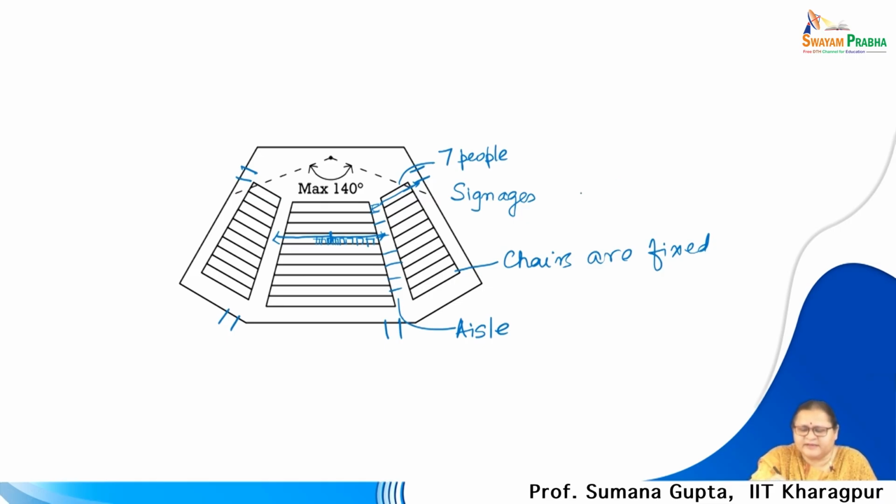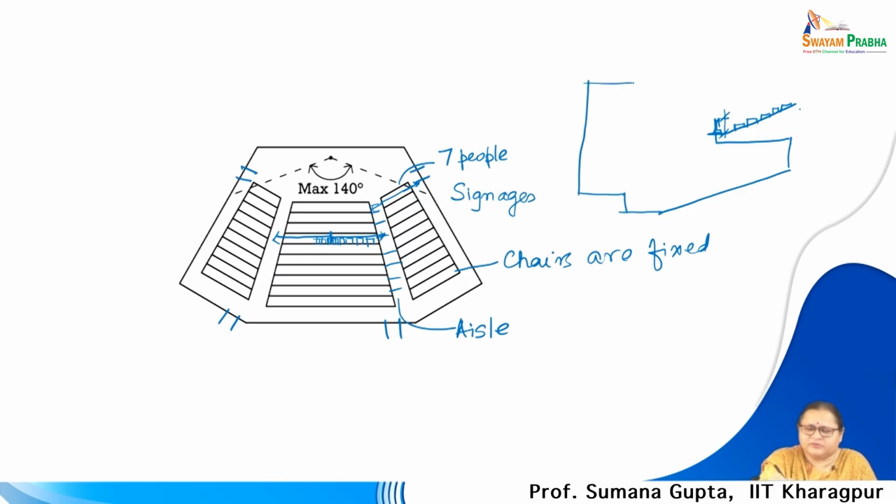As I told you, in case of balcony, if this is the stage and this is my floor, and then on top there is a balcony projection, these kind of seats are there, and this must be having a railing height of 1 meter minimum. Now, this stage should also have some vents on the top to pull out any smoke in case of fire. These are to be mandatorily followed.